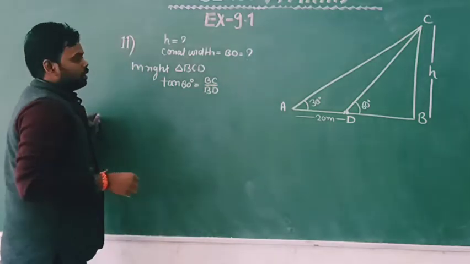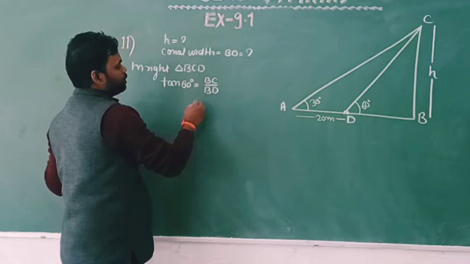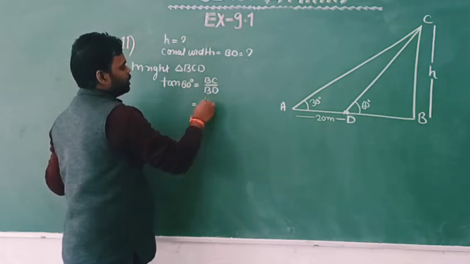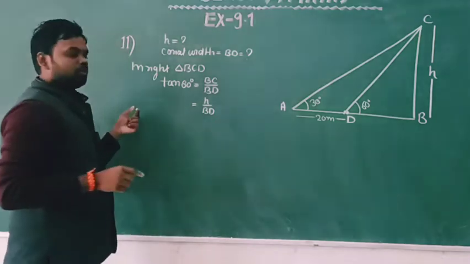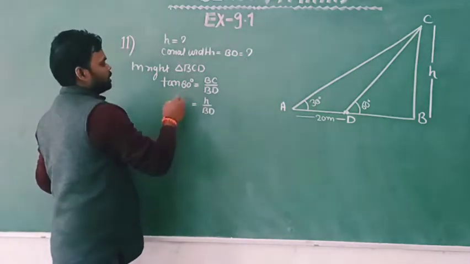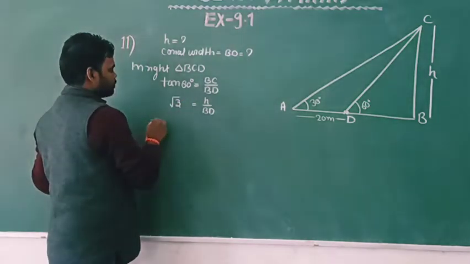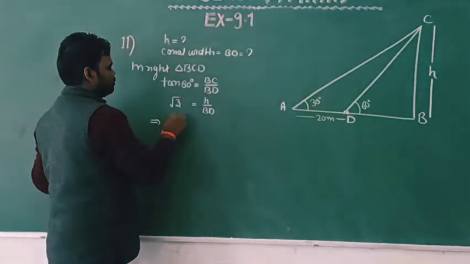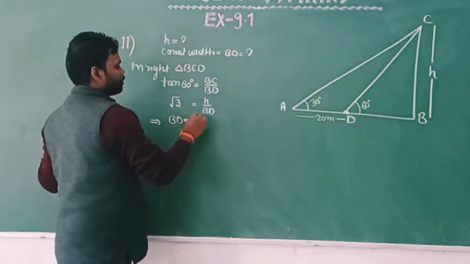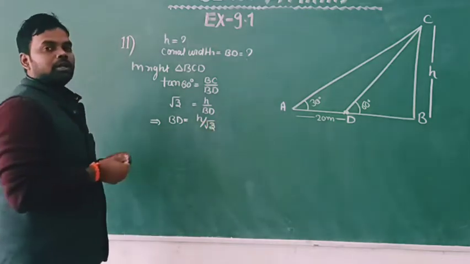Now plug in the value of BC, which is h, upon BD. The value of tan 60 is √3. Now BD equals h by √3.